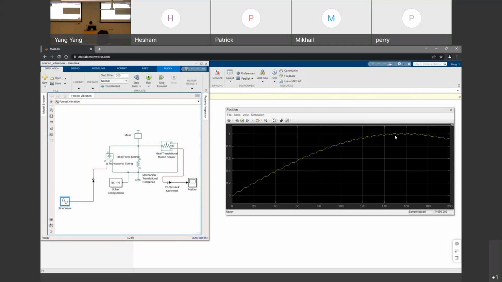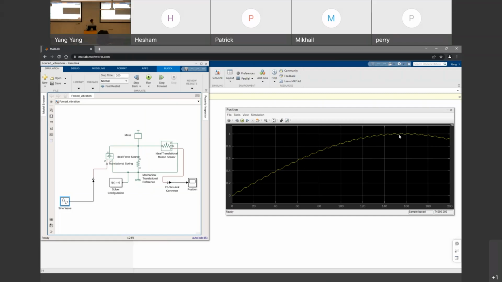As you can see here, the vibration of the system has a very large period, with a very small frequency, and the maximum displacement of the mass is equal to 1. The force is equal to 1, k is equal to 1, so the displacement is equal to 1.